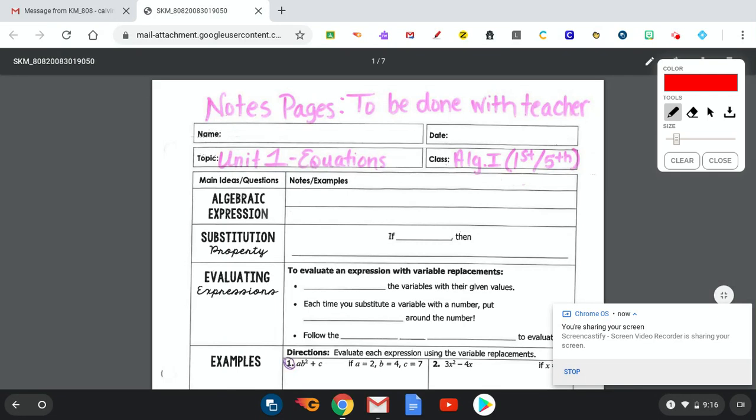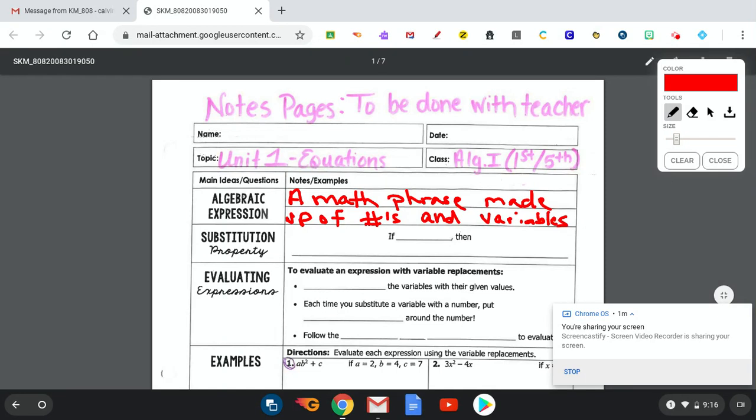An algebraic expression is a math phrase. It's a math phrase that is made up of numbers, and variables.